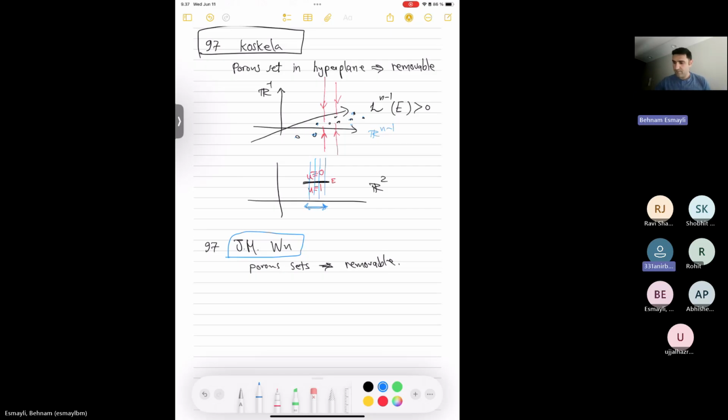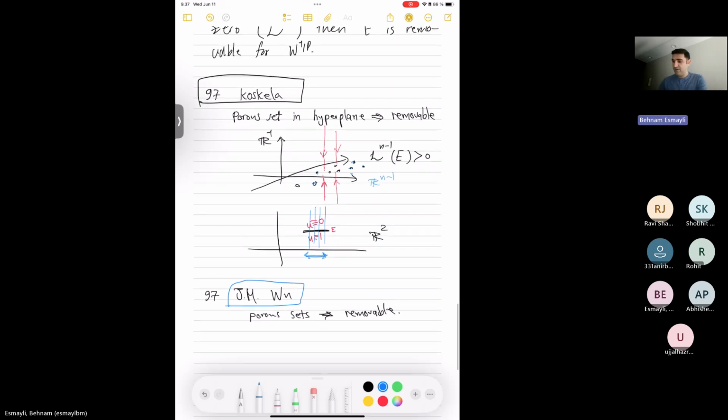If I have missed it, did you already define what porous sets are? No, I didn't. So I will. Porous is a kind of meaningless word now because it's being used again and again. So the definitions in these two references are different. And the one that I will define in our weighted case is a generalization of this one.